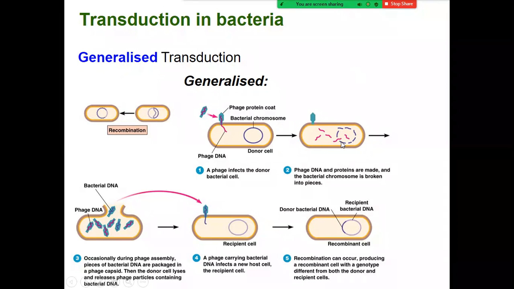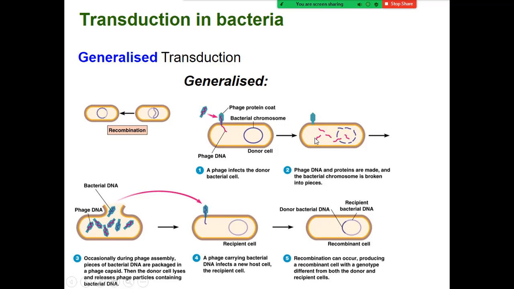And then the virus will replicate its DNA, so there are more copies of the viral DNA, and then transcribe the viral DNA to make viral proteins. And that will make the head of the virus, the capsid. I know we haven't talked about viruses yet, but we will.